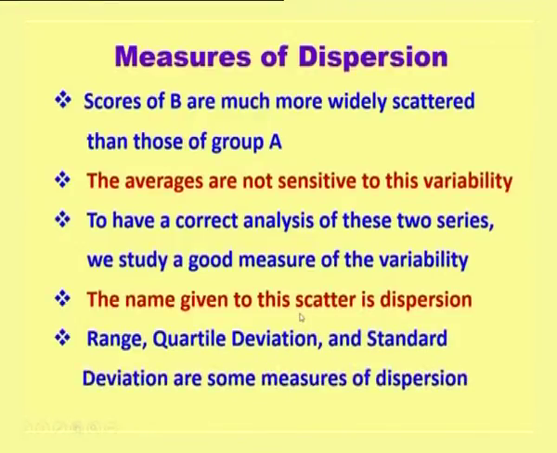The range, quartile deviation and standard deviation are some measures of dispersion. That means we have come to the conclusion that the average is not the only measure, and beyond that, for measuring the variability we need some more measures, and the standard deviation, quartile deviation, etc. provide that measure.